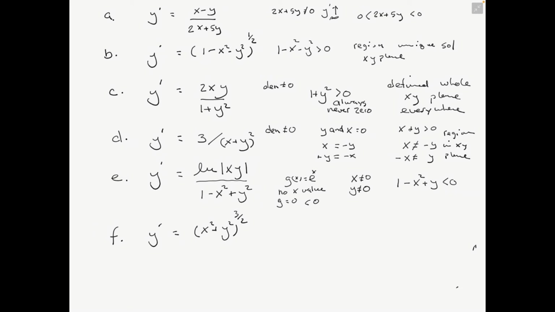So it's either less than 0 or greater than 0. Those are our two conditions for the function to be defined, a defined solution in the xy plane.